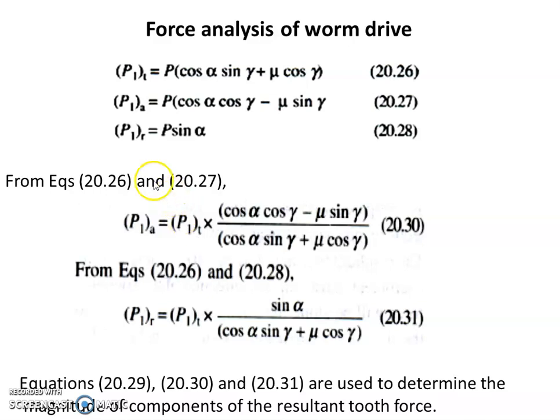With that reference the ratio P1a upon P1t is taken, and we have found this relationship. Similarly, the ratio of P1r and P1t is taken, and P1r is identified. So the radial component of force in the case of worm is calculated based on the tangential component of force. Both axial and radial components of force are calculated based on the tangential component of force. That we should understand as part of this lecture. Thank you.